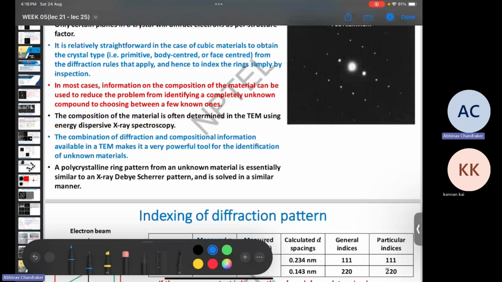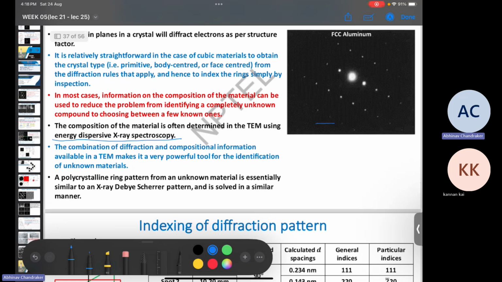TEM can also give you information related to composition when you use EDS, X-ray spectroscopy, in combination with TEM. But it can also give you information of the crystal just based on the diffraction pattern that you get from TEM.